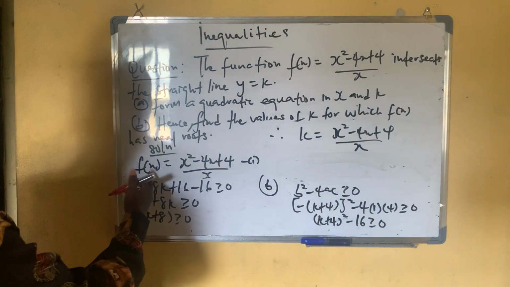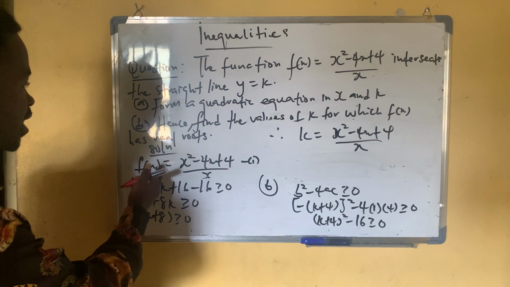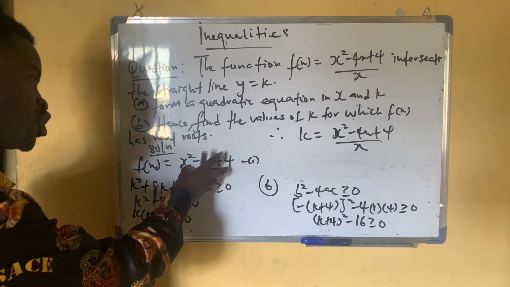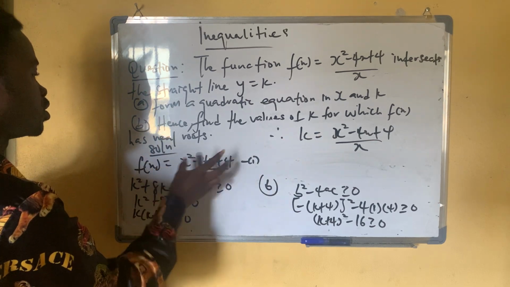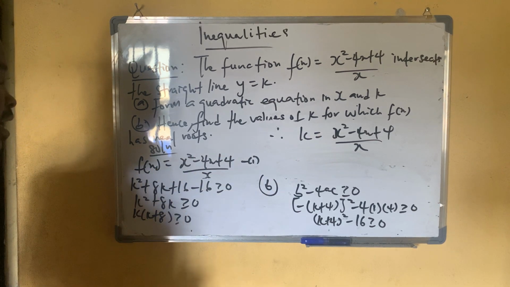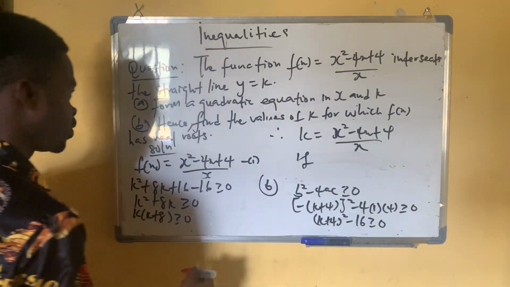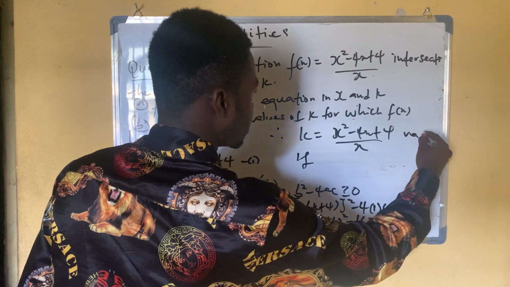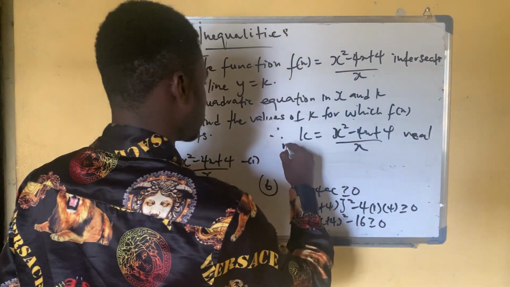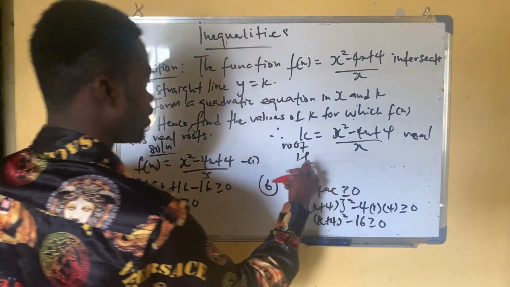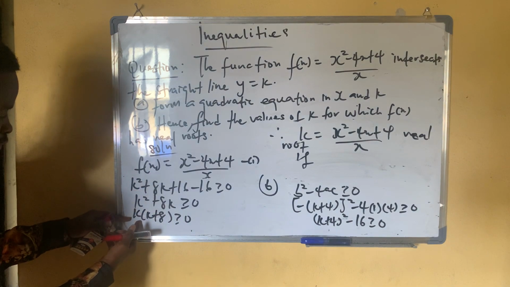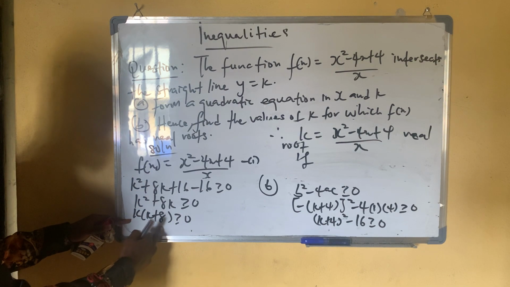We know that f of x is equal to k, that is k equal to this function. This particular function will have real roots if what? We check from here if it obeys this rule.